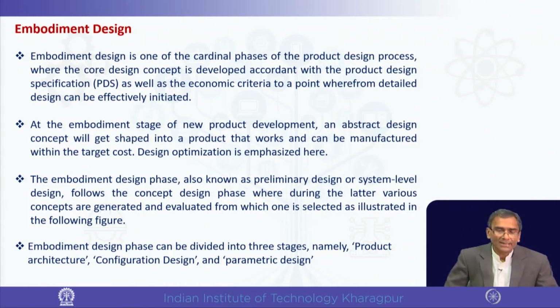It is developed in accordance with the product design specification, that is PDS, as well as economic criteria, that is, the cost constraints and the pricing based on the target cost. So, accordingly it has to be developed.